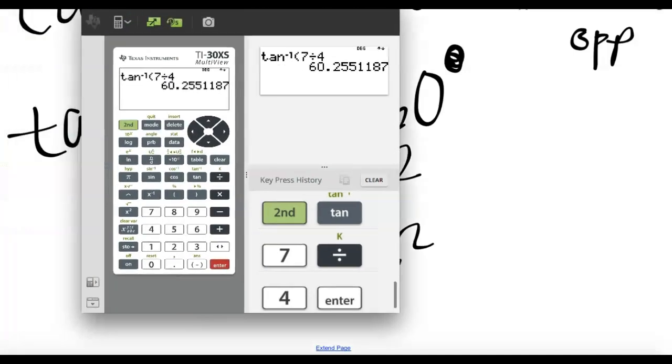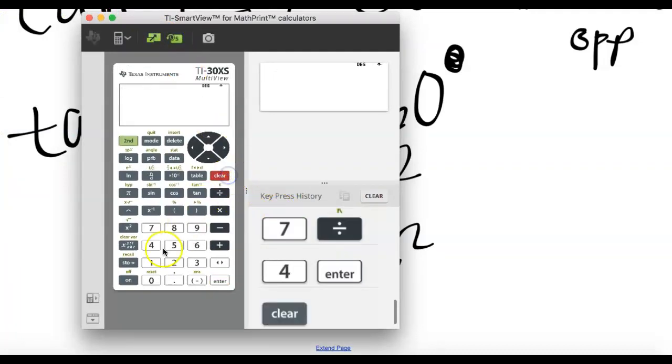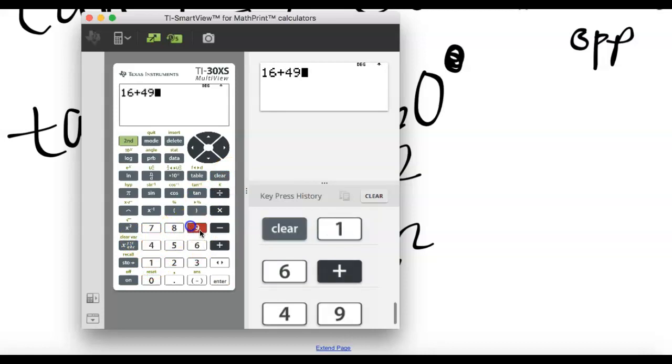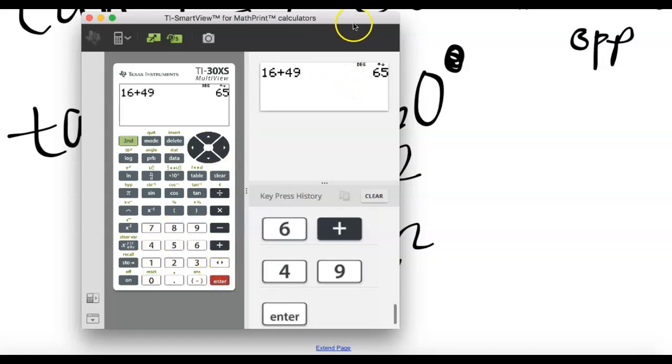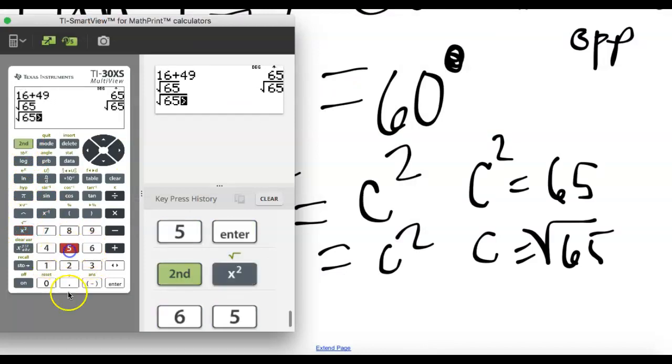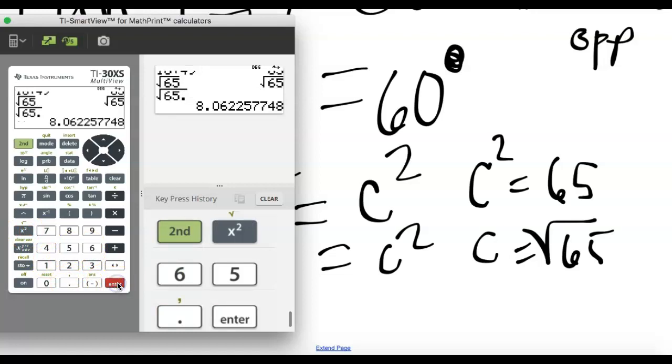So go to the calculator. If this happens, what you have to do is put a little decimal place in there. So 65, and then put a decimal, and it should shoot that out.